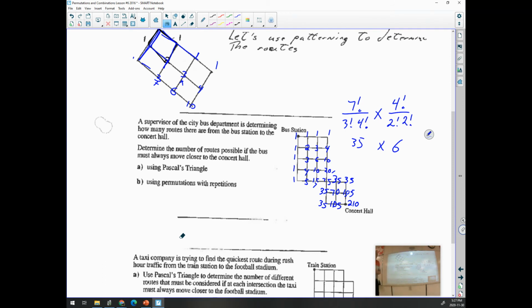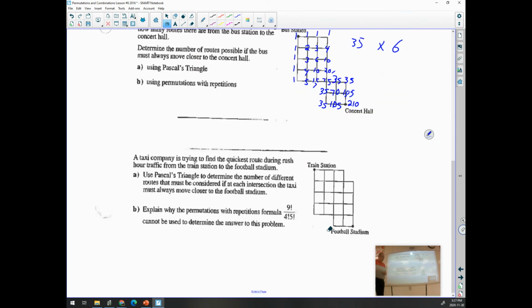This one you have 2 ways to do it. You can do it with permutations, arrangements with repetitions, or patterning. This guy here, we can't use this formula because I'm missing things. I can't go right, right, right, right, because there's no place to go right here.